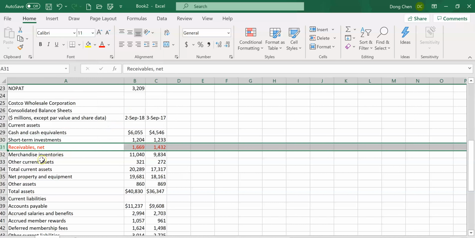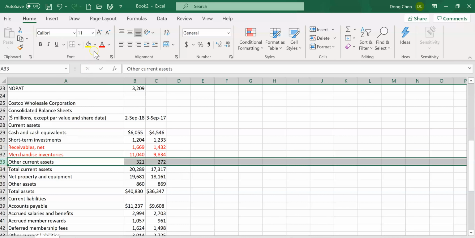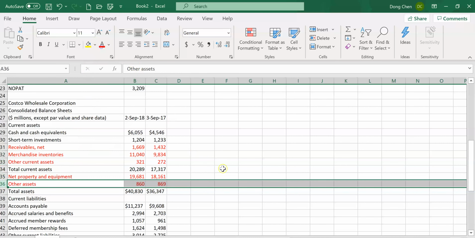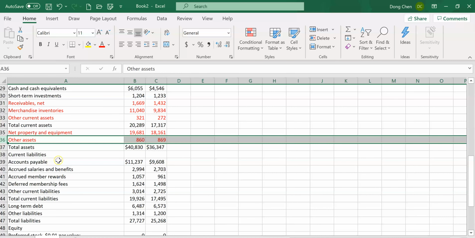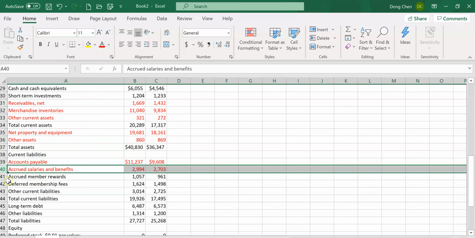So we mark this in red. Inventory, yes. Other current assets, yes. Net PPE, yes. Other assets, yes. That's it for the asset side. For the liability side, accounts payable, yes. Accrued salary and benefits, yes.